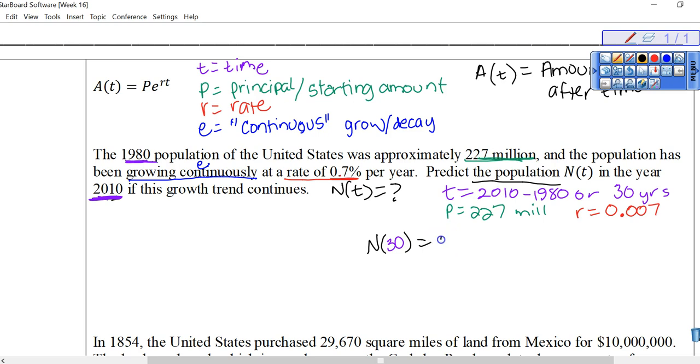I can write it out: 227 e to the 0.007 times 30. Okay, so we're going to get the population at year 30. You have calculators.